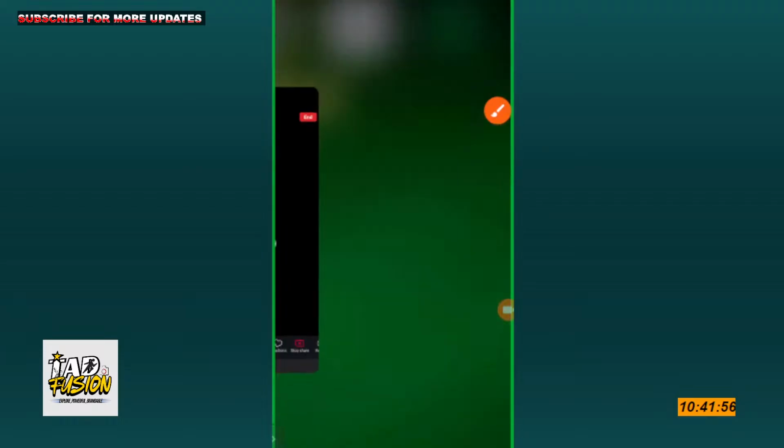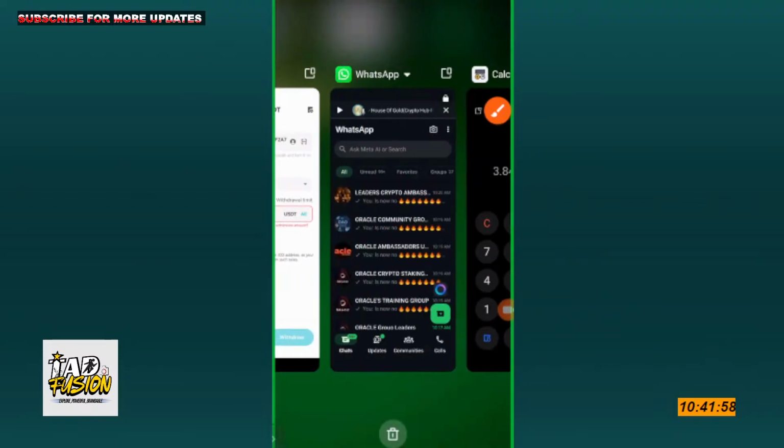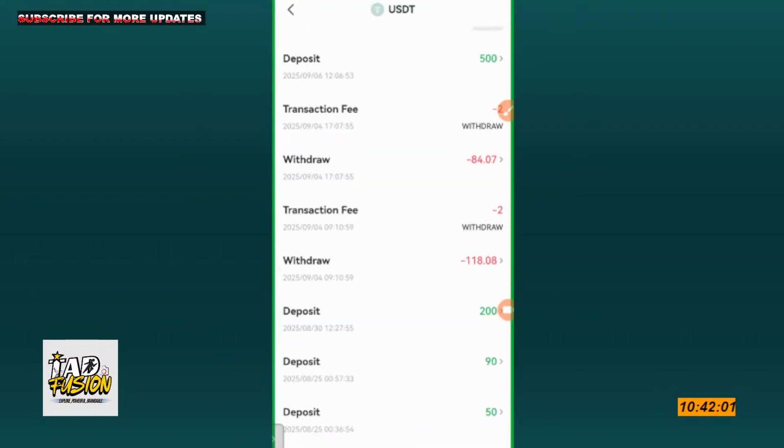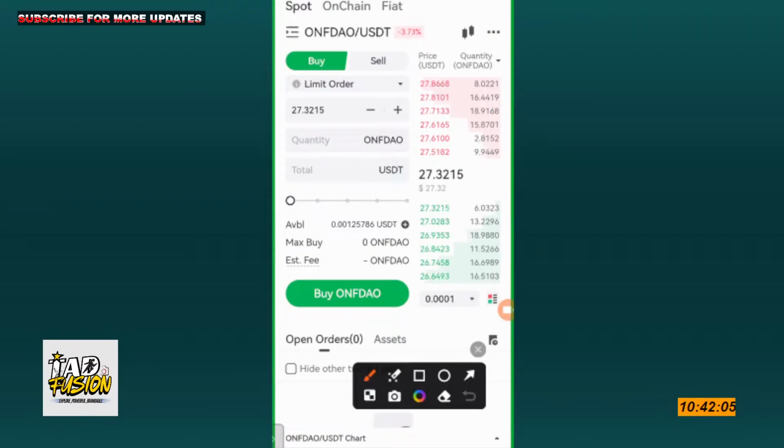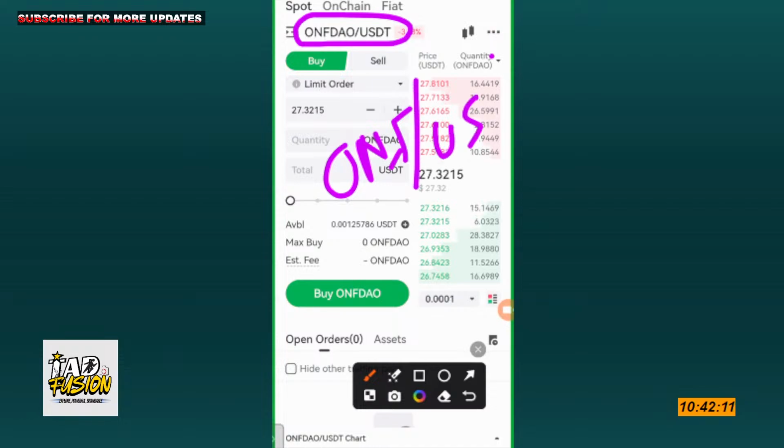So this one is very evident. It is shown under the exchanger. You see, under exchanger, you see what I'm talking about. Now this is liquidity. It is ONF DAO/USDT.